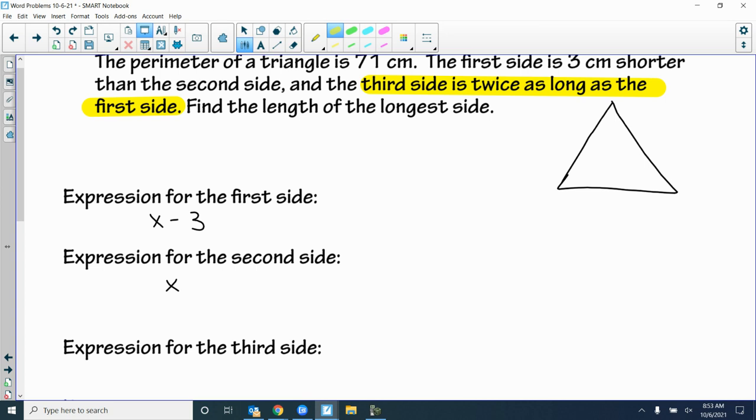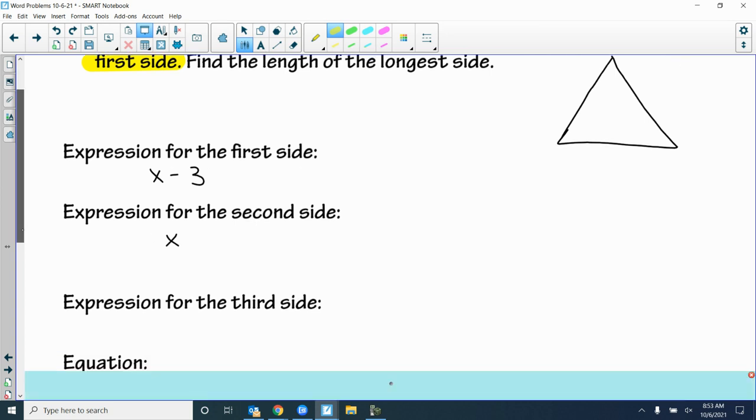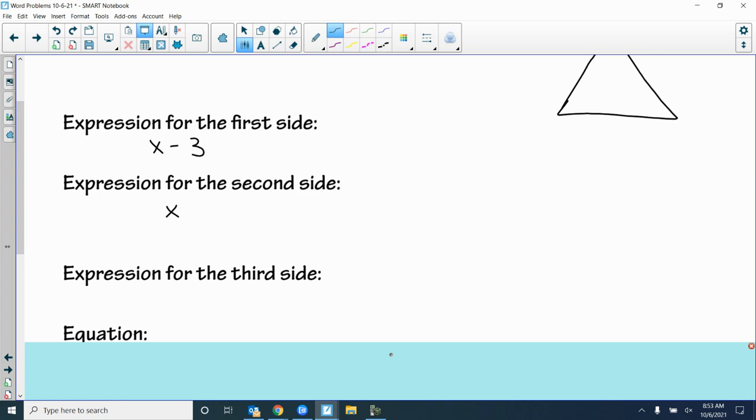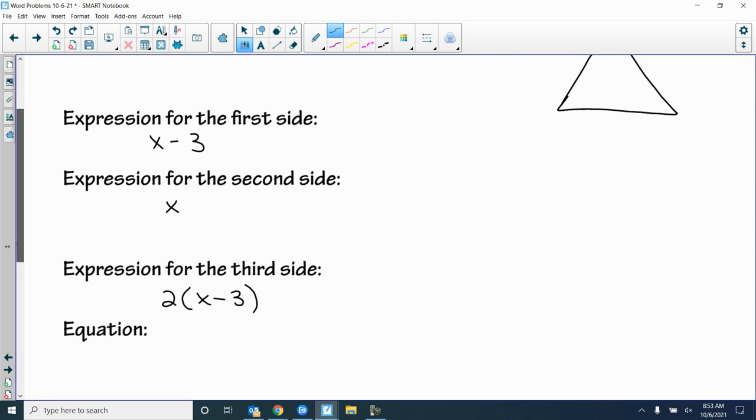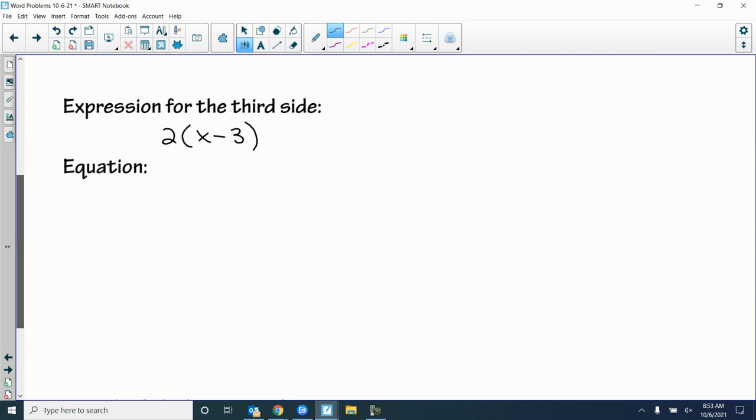So we have to multiply 2 times the first side. Here's what you have to be careful of. The first side is X minus 3. You have to make sure you put that in parentheses, not just 2 and then X with a minus 3 after it. So you have to do 2 times the quantity X minus 3.